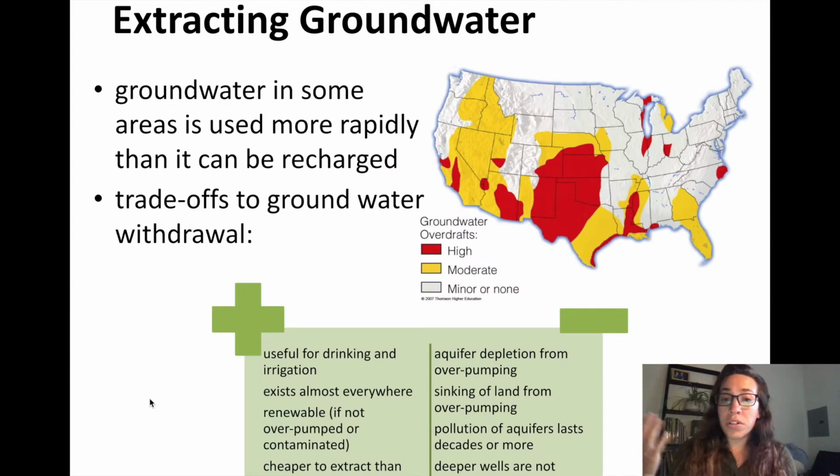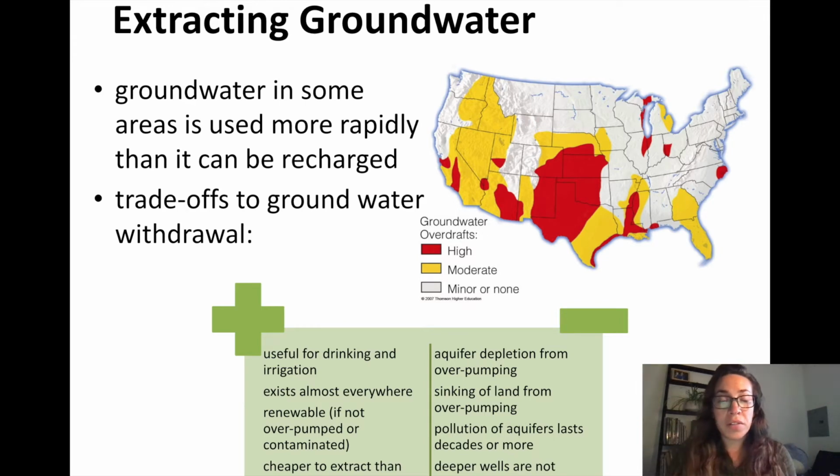And so groundwater is great for drinking water. It's great for irrigation. It exists pretty much anywhere. If you dig deep enough, if you pump deep enough, you can usually find an aquifer. It should, in theory, be renewable if it's not overpumped, if the groundwater isn't contaminated. And it's cheaper to access than most surface water.